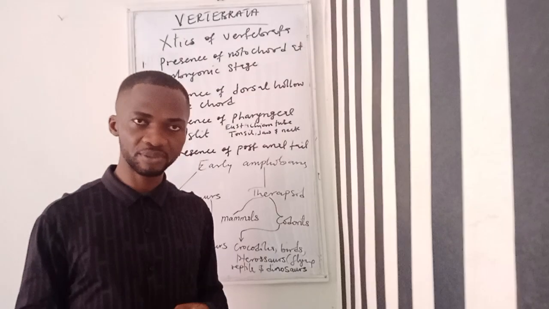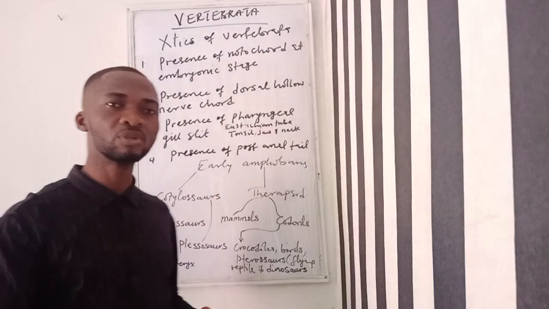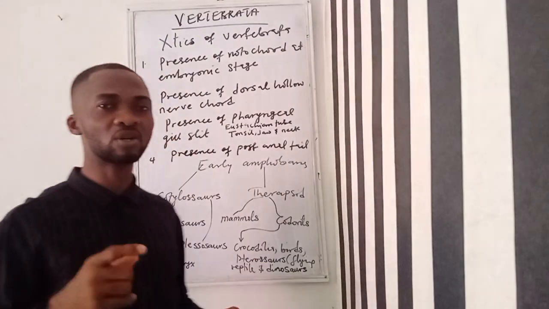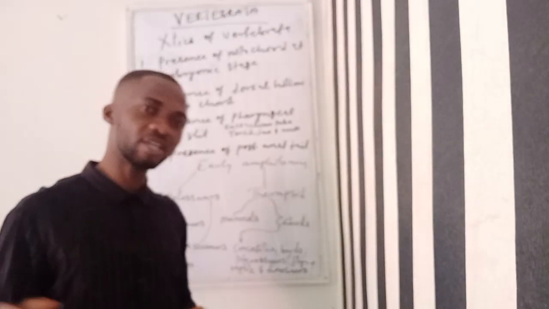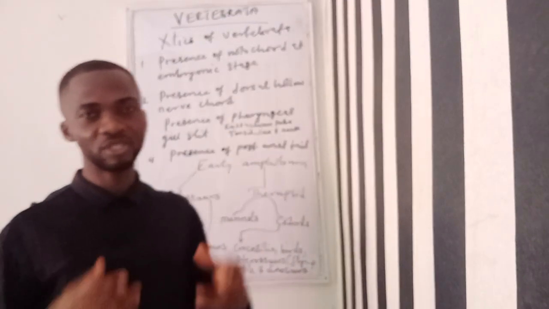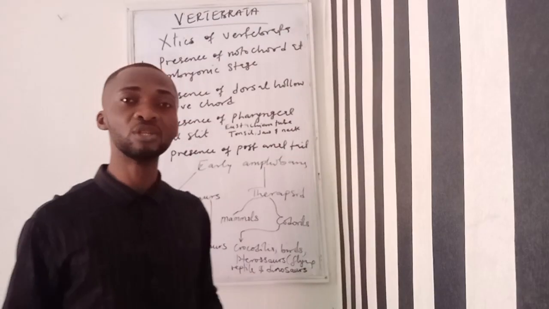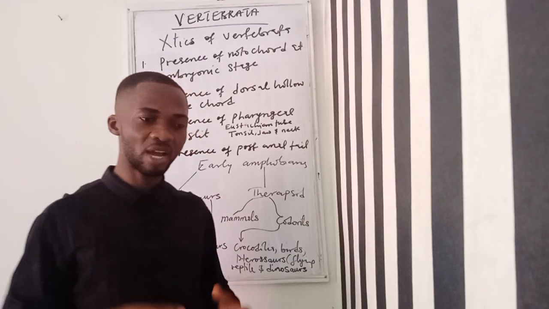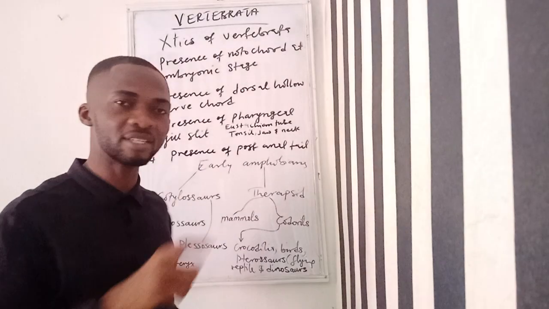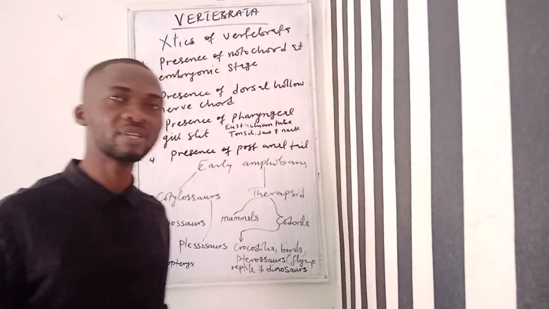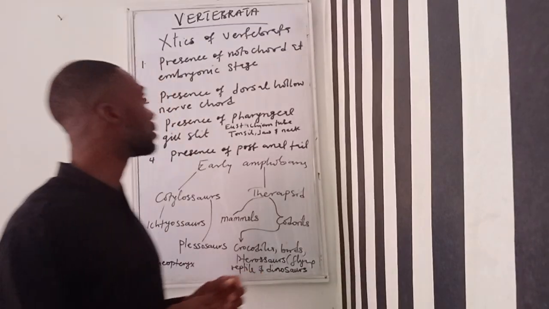Whereas in some vertebrates, starting from fish again, the notochord transforms into another structure which is now called the vertebral column. So in the bony fishes, their notochord transforms into a vertebral column, and of course that is exactly what happens in amphibians, in the reptiles, in aves, and in mammals.